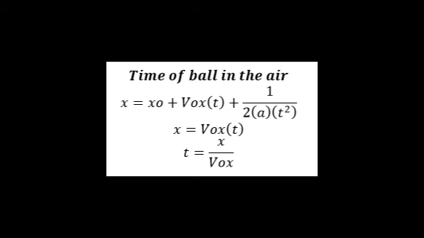Now, since our initial position could be 0, we could cancel the first part of the equation, as well as our acceleration on the x-axis is 0, we could cancel the third part of the equation, which would give us the equation x is equal to the velocity of x multiplied by time. And here, we could get the equation for time, which is equal to position x all over the initial velocity of x.